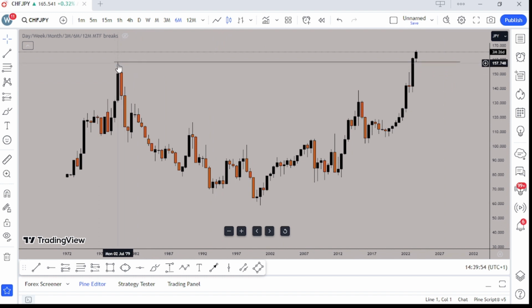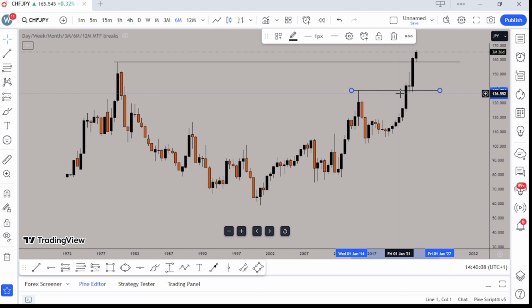This high has broken with a pivot above this high. This high also. This candle pivots above this high. And you know that there will be a next candle.